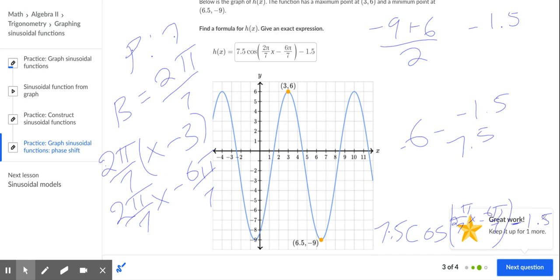I'm allowed to do that, but I never need to, right? Or I could have shifted it 6.5 to the right and made it negative. But I don't have to do that. I can always keep it positive. Sine or cosine, I can always keep it positive by just choosing which point I'm shifting from the y-axis.